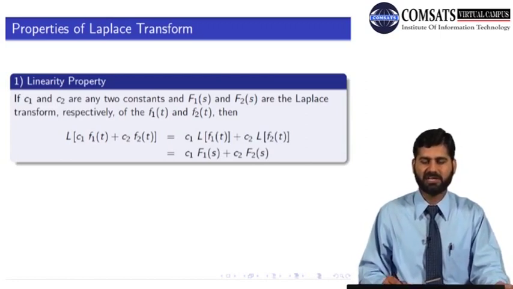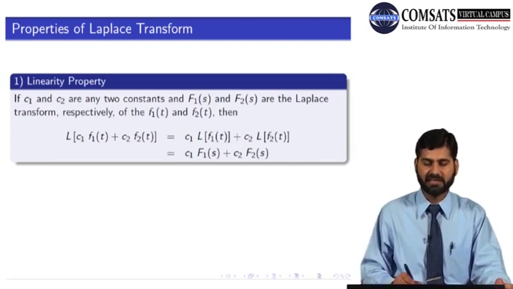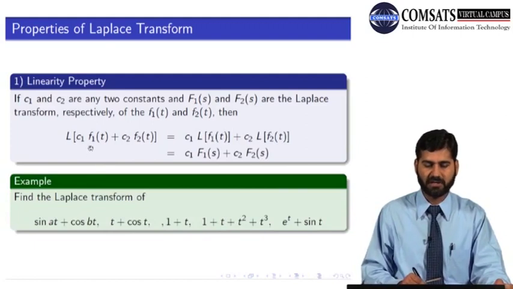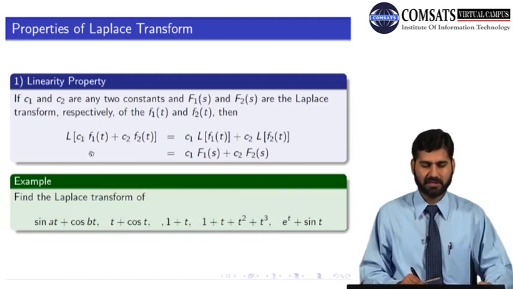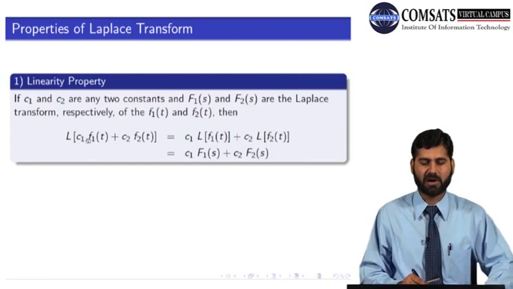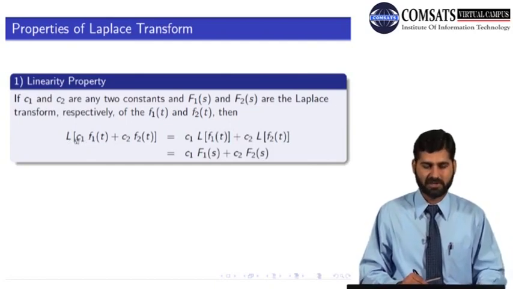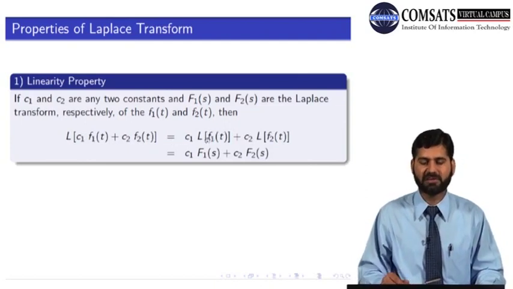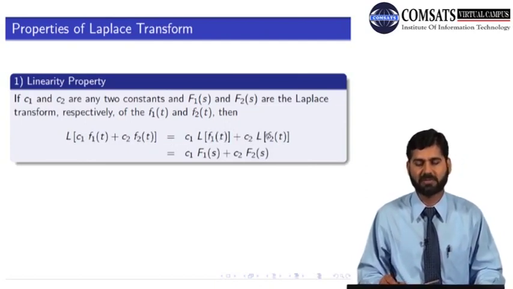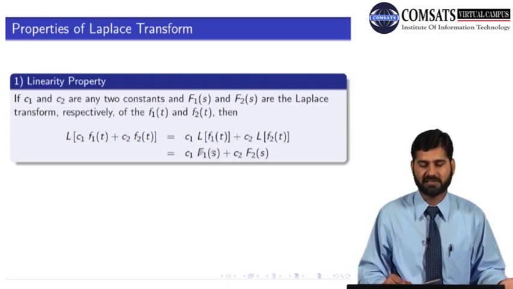If C1 and C2 are any two constants, and F1(s), F2(s) are the Laplace transforms of f1 and f2 respectively, then the Laplace transform of C1 f1 plus C2 f2 is equal to C1 times the Laplace transform of f1 plus C2 times the Laplace transform of f2. It means it is C1 capital F1 plus C2 capital F2. I used this property.